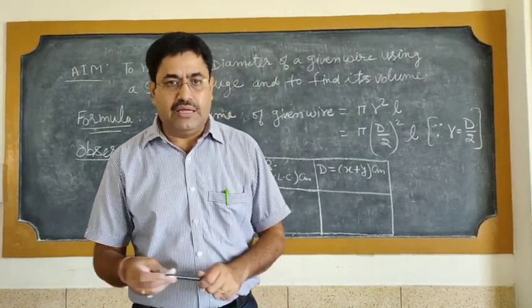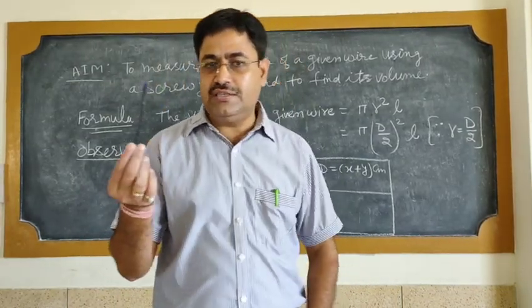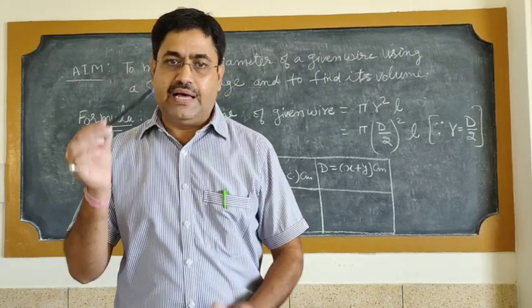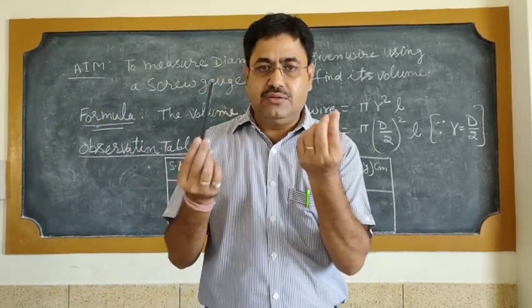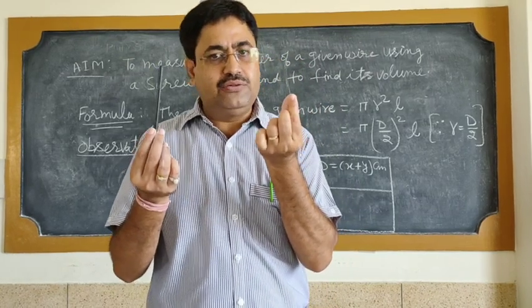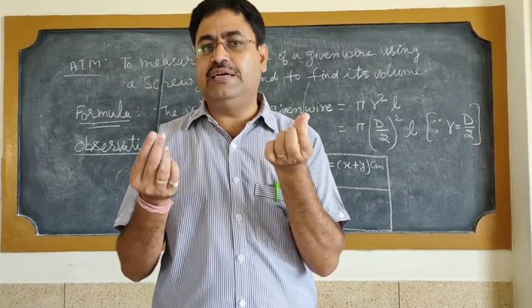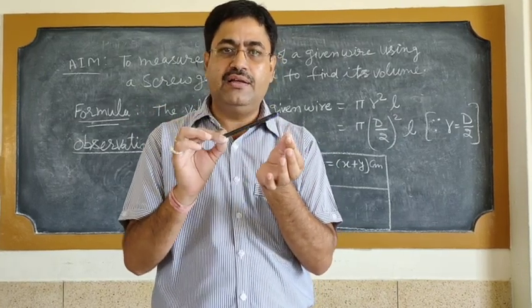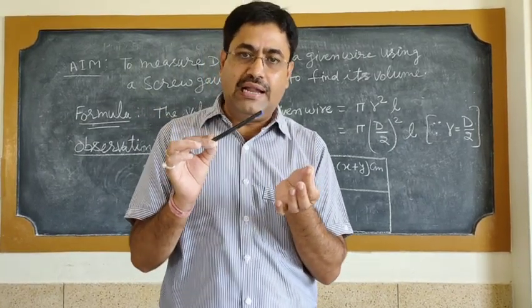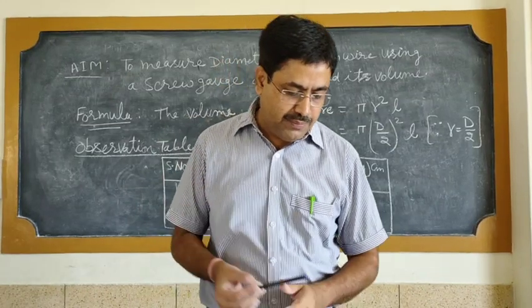For actual representation I am using this pen, because this wire is very small, its diameter is very small, and I think you will not be able to see the reading clearly. That's why I am using this. So the same process you can apply on the wire when you come to the lab. Now come to the point.